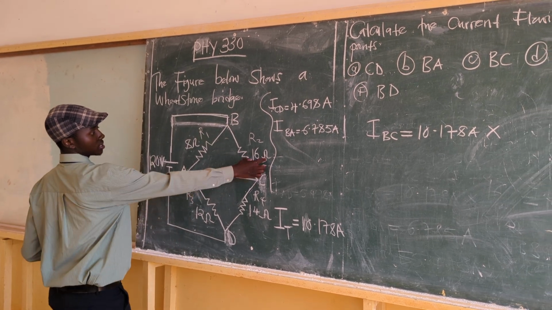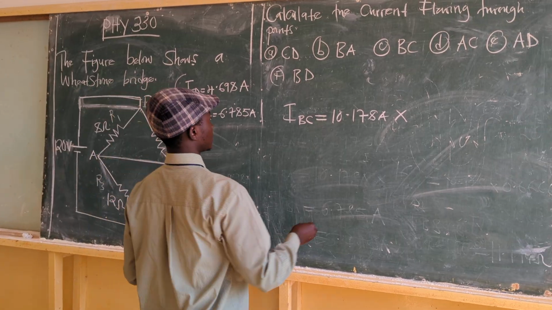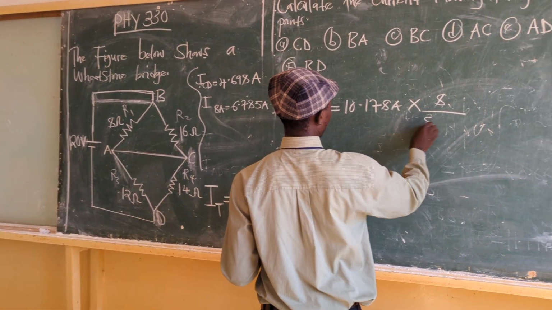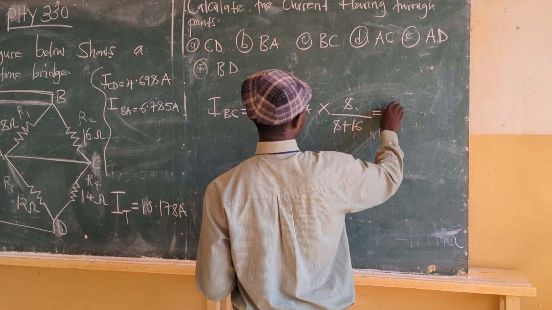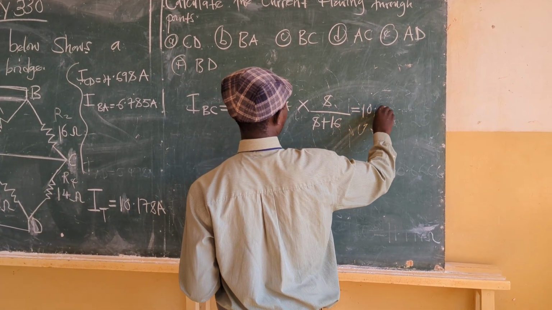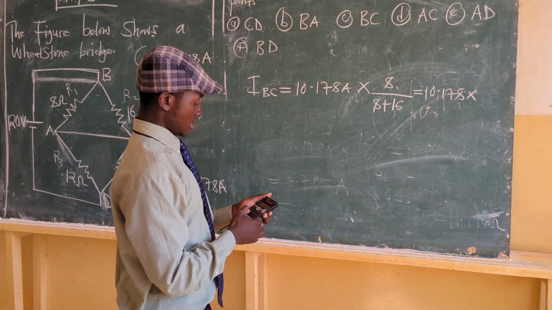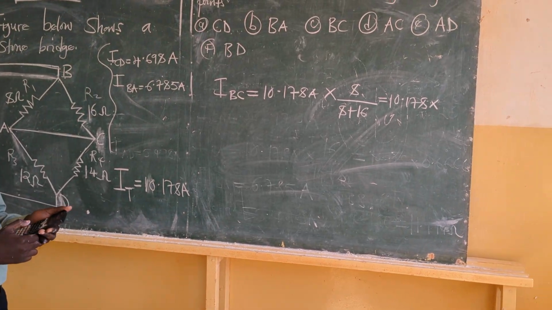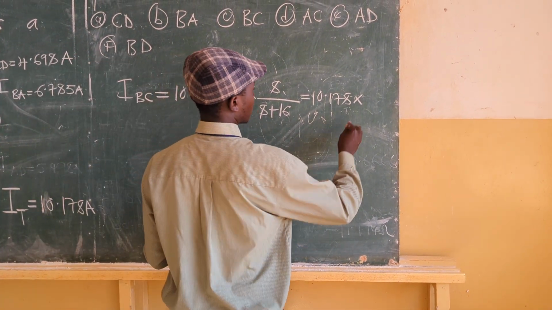So we won't get this 16 ohms, but we get the opposite resistor, which is 8 ohms. So 8 over 8 plus 16. 8 plus 16 is 24. So 8 divided by 24 gives us 0.33.